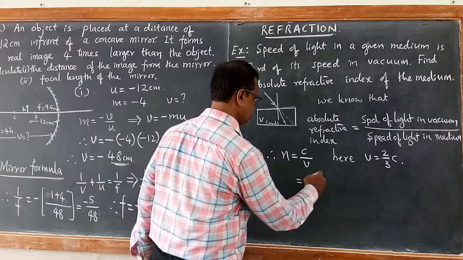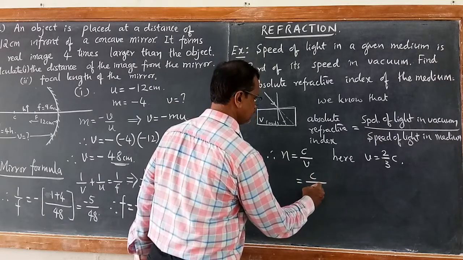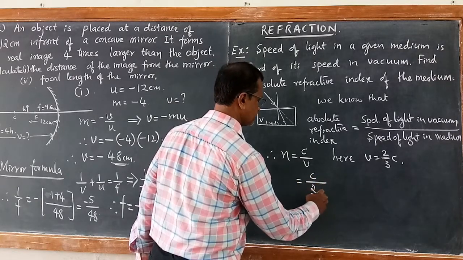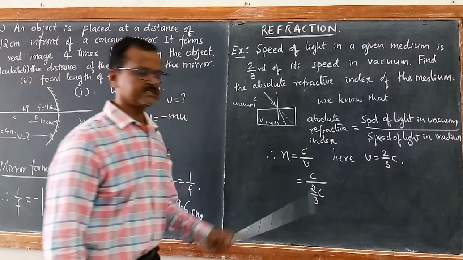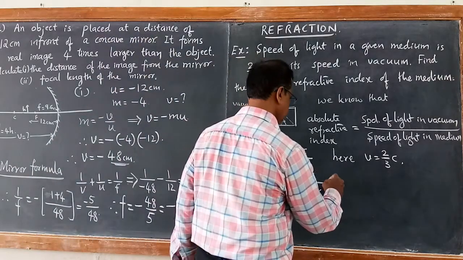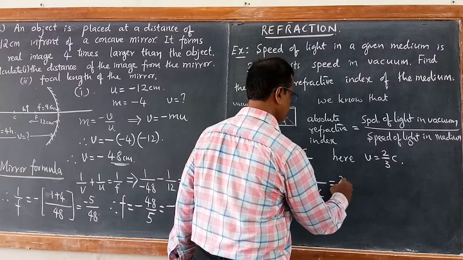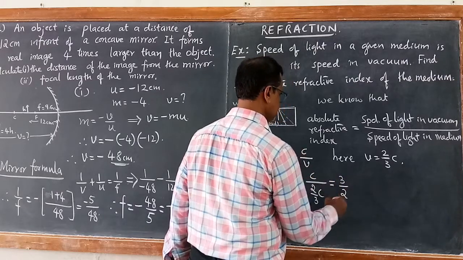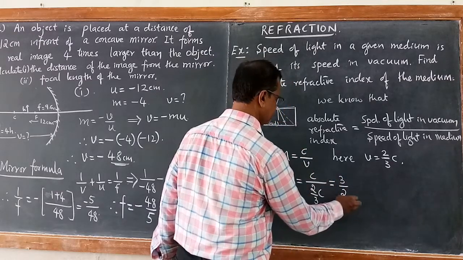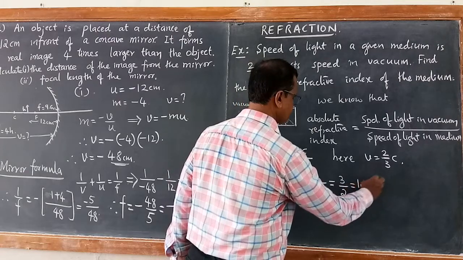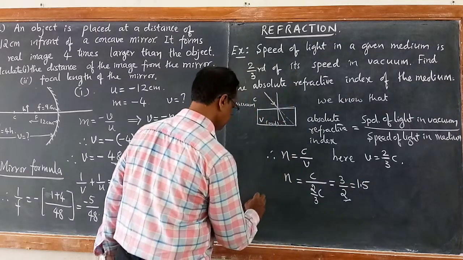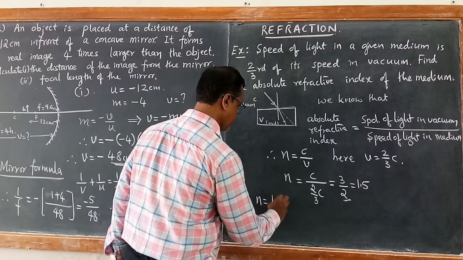Thus C by 2/3 of C. C cancels. So it becomes very simple. 3 by 2. So N becomes 3 by 2. Therefore, absolute refractive index of the medium is N equal to 1.5.